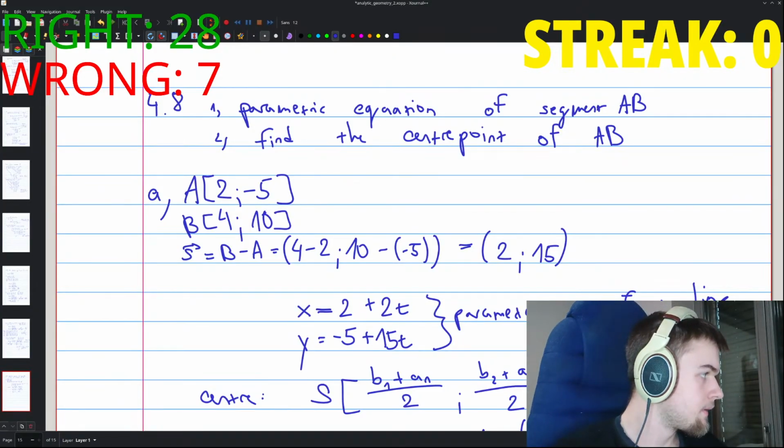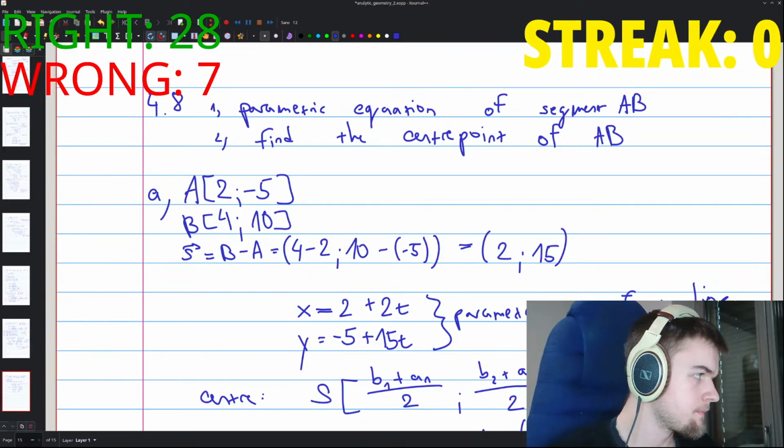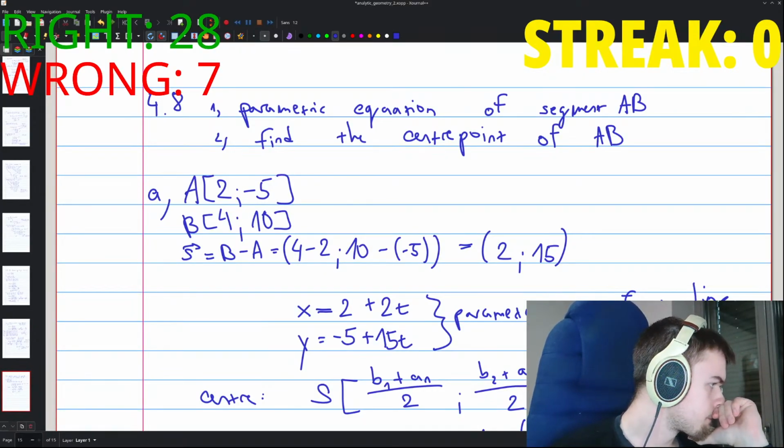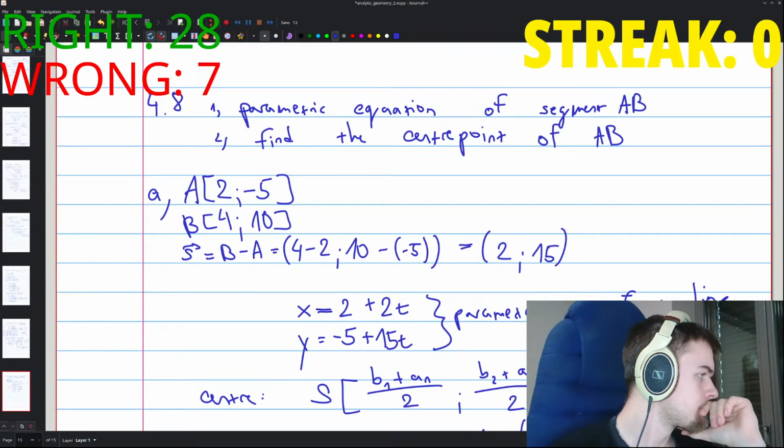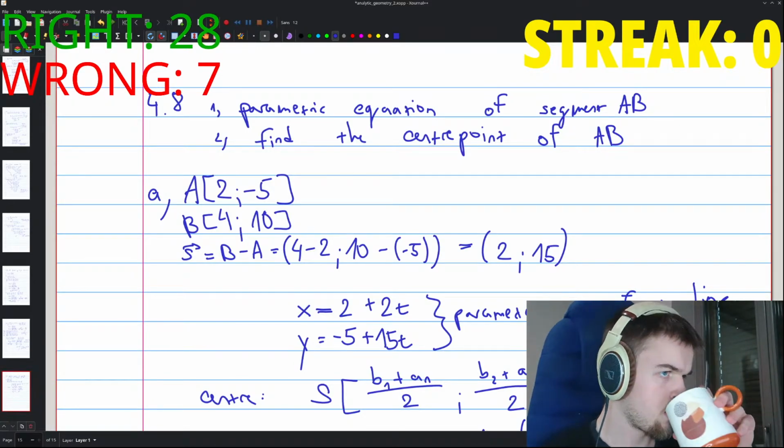Parametric segments, line segment in points. Oh, I see. Okay.